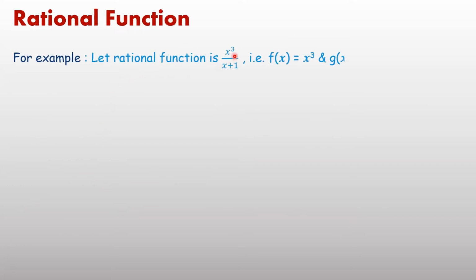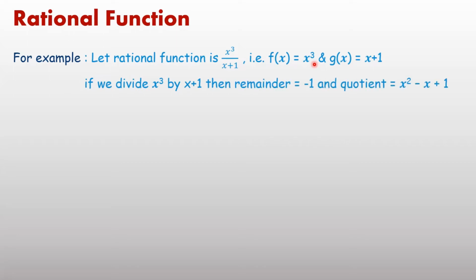Now, one example. Let the rational function be x³ upon x + 1. Here you can observe the degree of the numerator is 3 and the degree of the denominator is 1. Since the degree of the numerator is greater than the degree of the denominator, we write f(x) as x³ and g(x) as x + 1, and then divide x³ by x + 1.